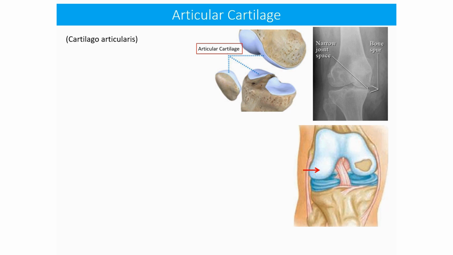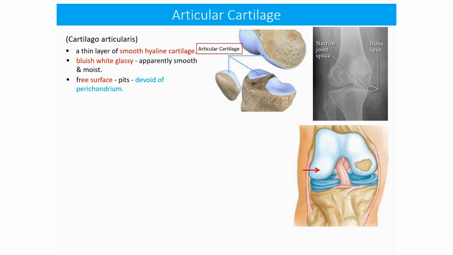Articular cartilage, or cartilago articularis, is a thin layer of smooth hyaline cartilage, bluish white, glossy, and apparently smooth and moist. Its free surface bears pits and is devoid of perichondrium.